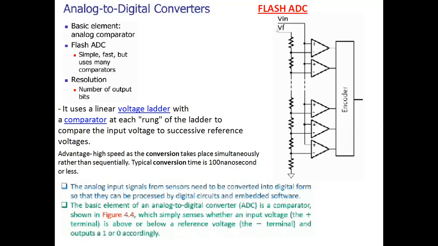If the number of bits is more, that is, the number of resistors and the number of comparators are more, then the resolution will also increase. Therefore, the resolution of the ADC will depend on the number of bits, which in turn depends on the number of comparators, which in turn depends upon the number of resistors. And generally you can find an 8-bit ADC to be used.